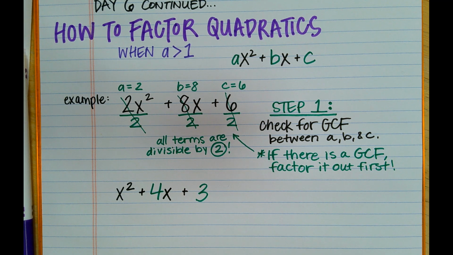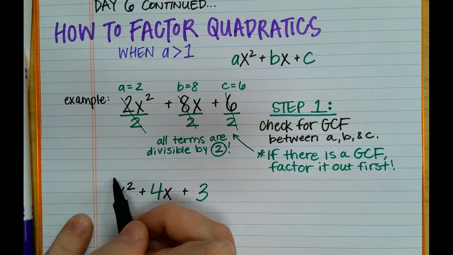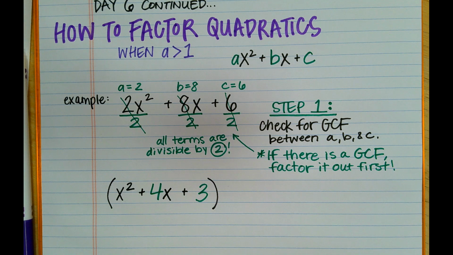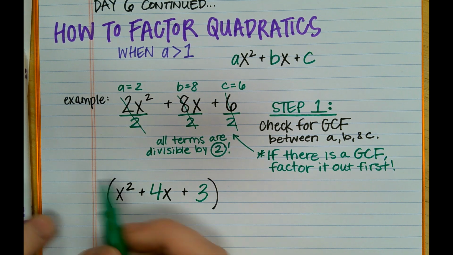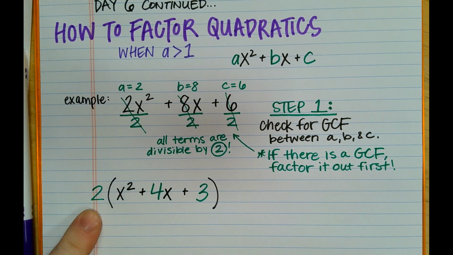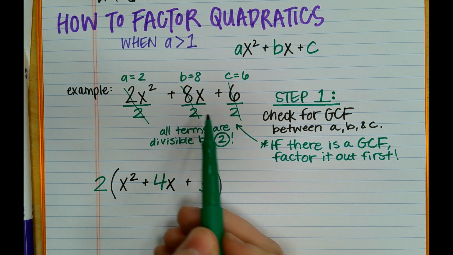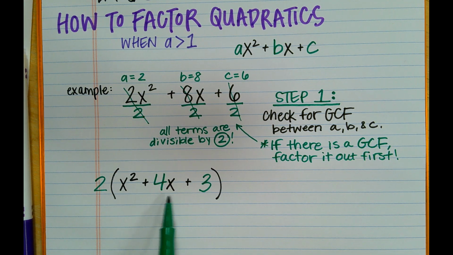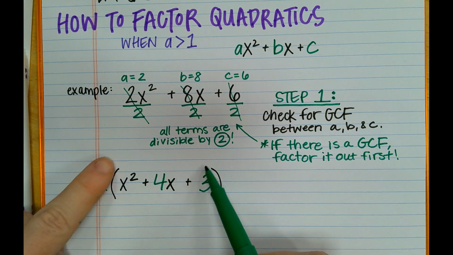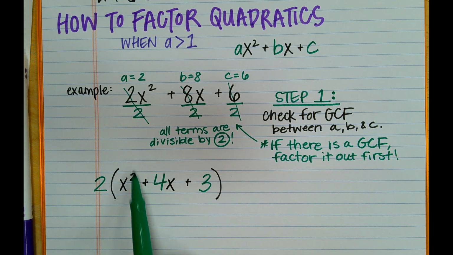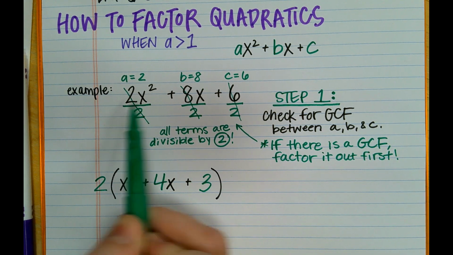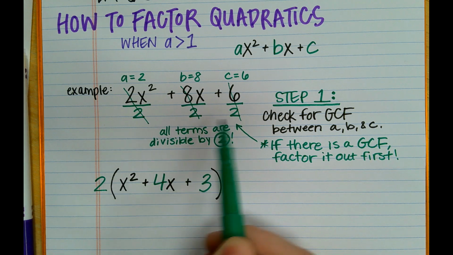Personally, I know that I would lose it. I would forget it. I would not add it back at the end. So instead of doing that, I would keep track of it by putting it over here. I divided everything by 2 to get x squared plus 4x plus 3. So I know if I put it in parentheses and I multiply everything by 2, I'll get back to my original expression.